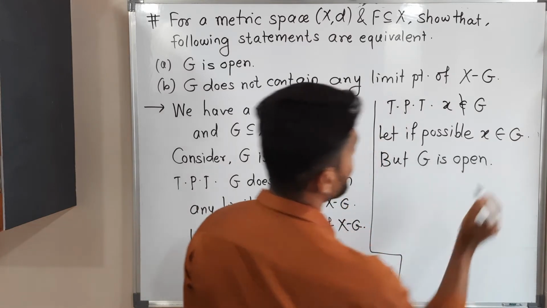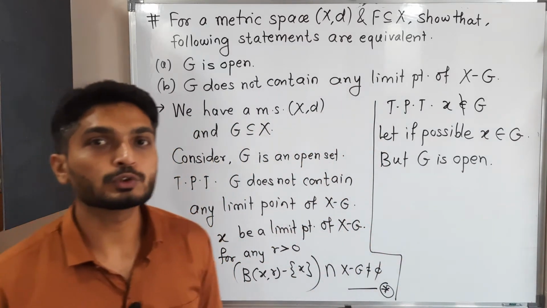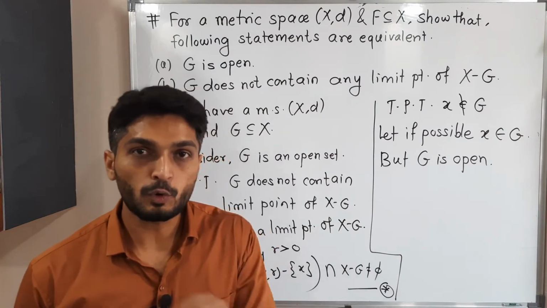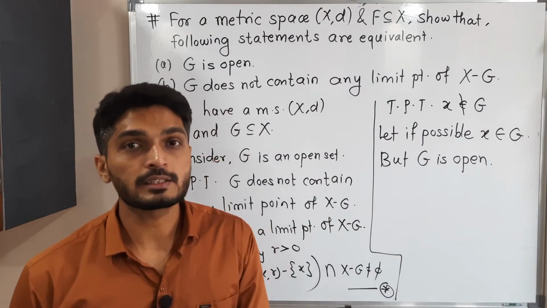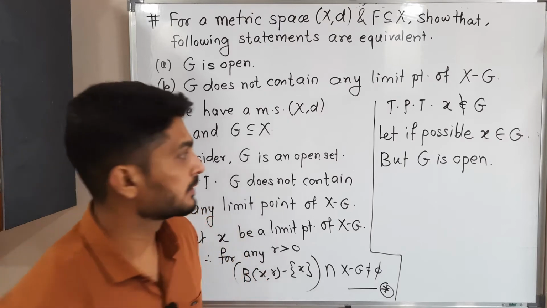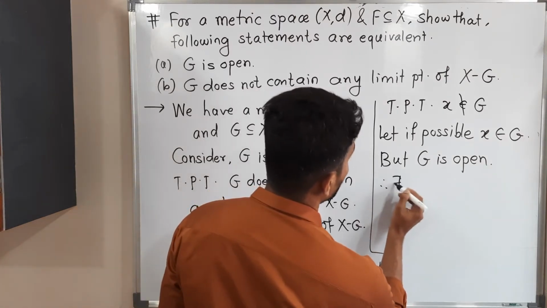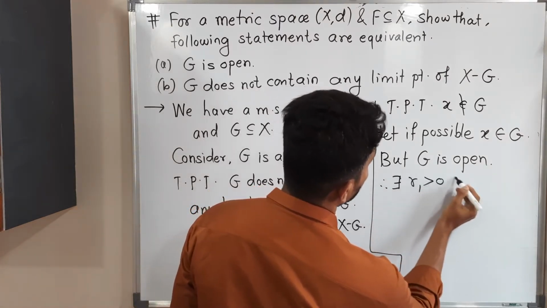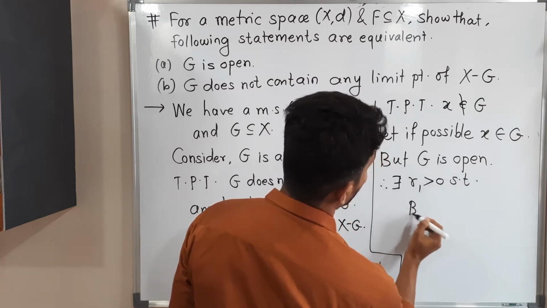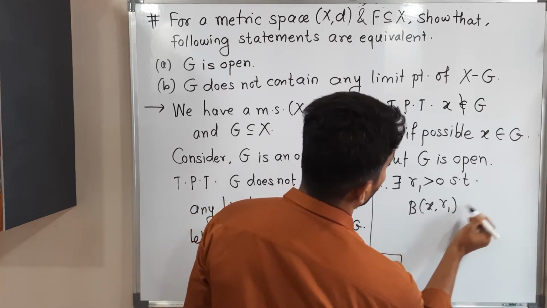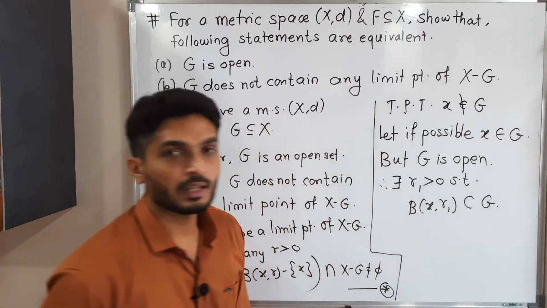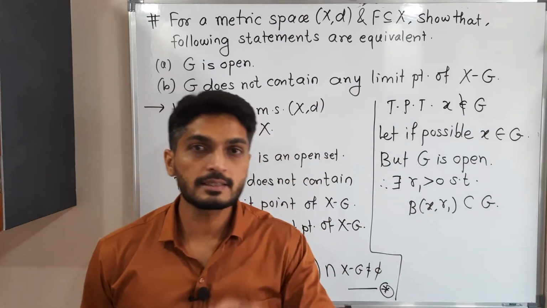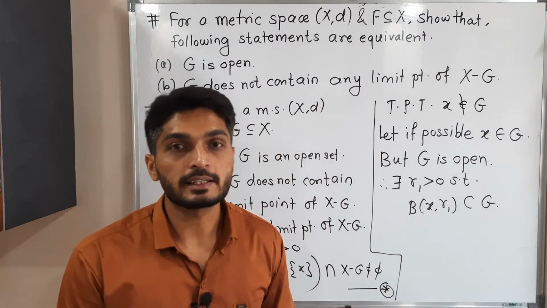So you know the definition of open set, x belongs to G, G is open. So there will be an open ball around x which entirely lies inside G. So therefore there exists r1 greater than 0 such that B(x, r1) is a subset of G. That ball with center x and radius r1 entirely lies inside G.